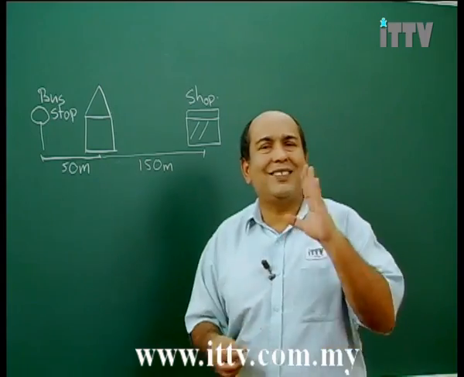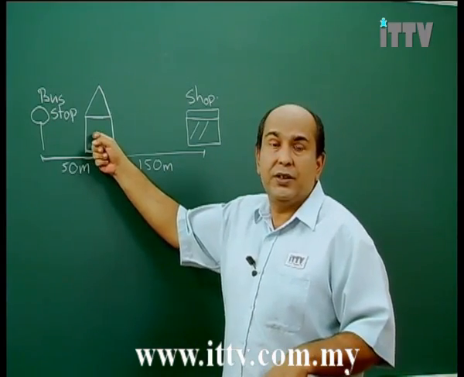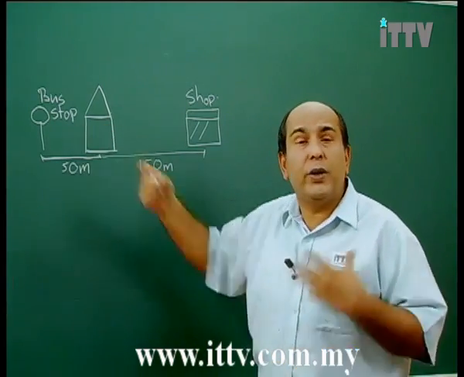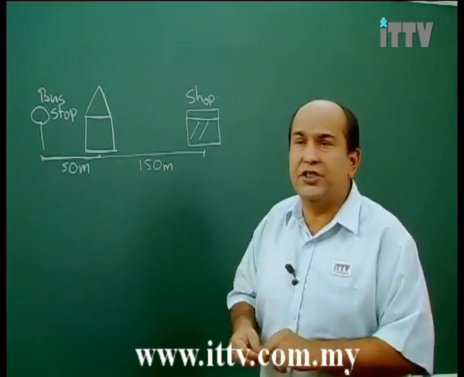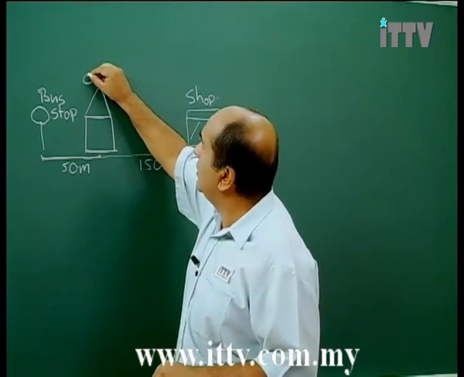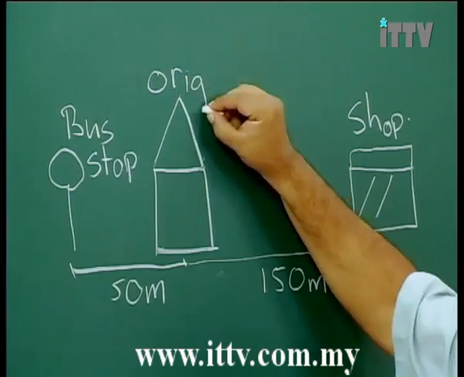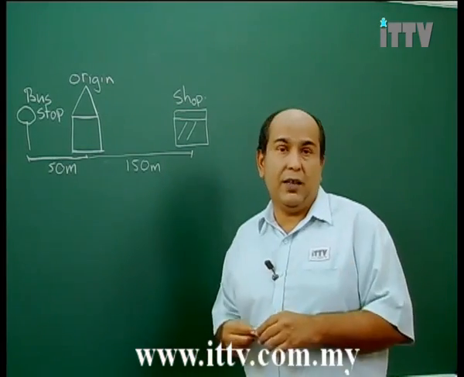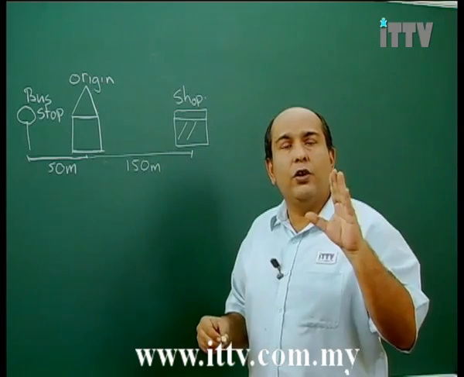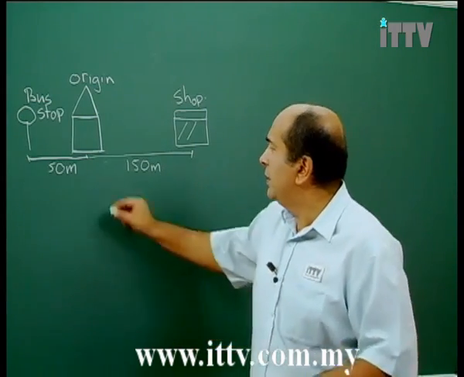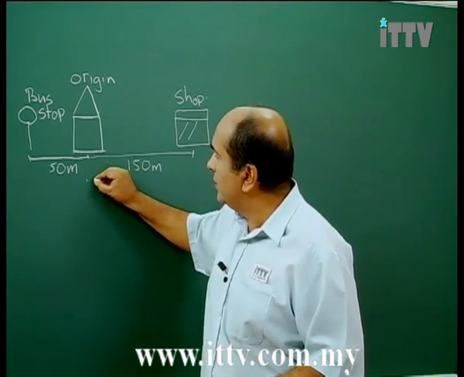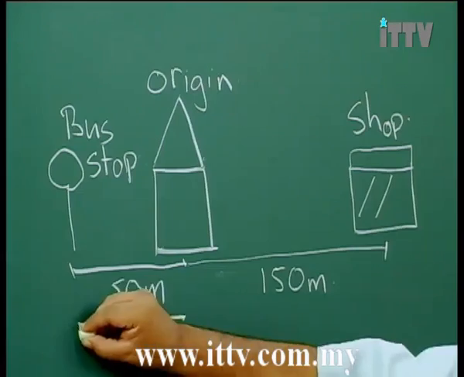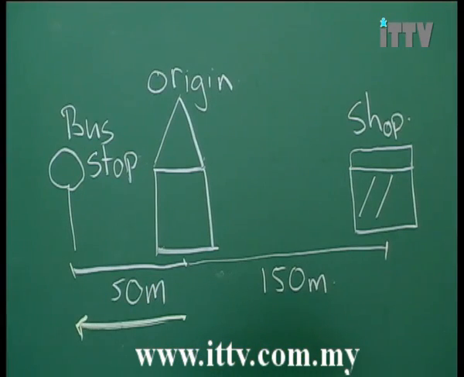Understand that we are starting from the house. The house represents what we call the point of origin. So this is our origin. Let's say that we leave the house and we go to the bus stop. So we went from the house to the bus stop.